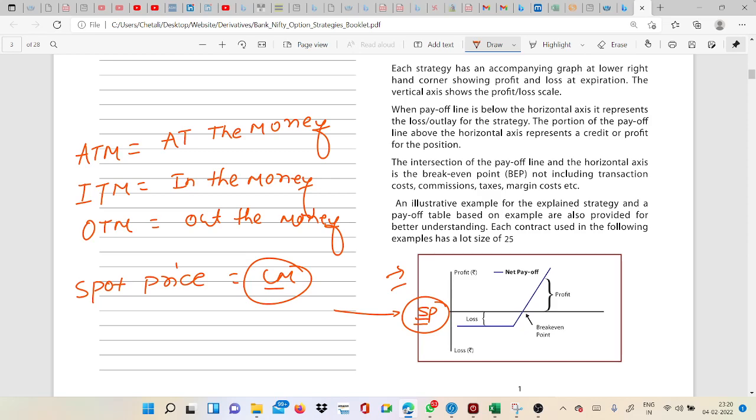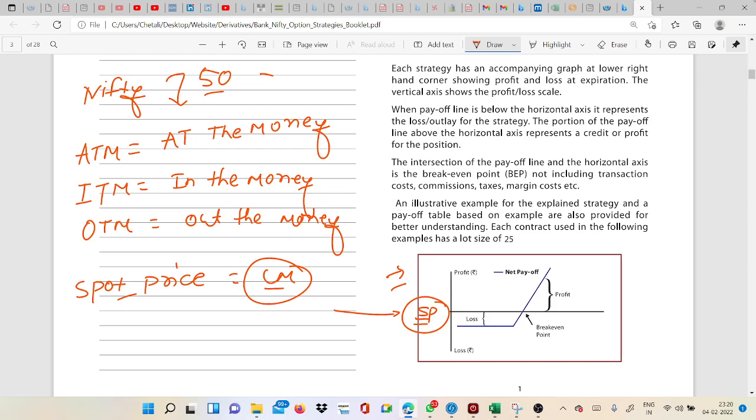If you take the example of the Nifty index, and you're discussing the spot price, then we'll check the price of the Nifty index, Nifty 50 especially, right? So that would be your spot price.